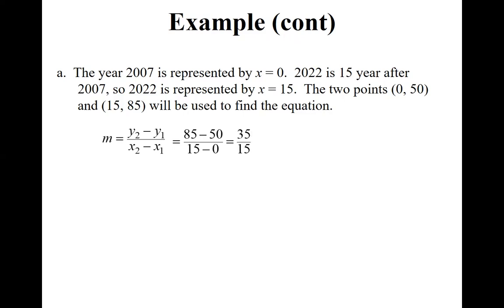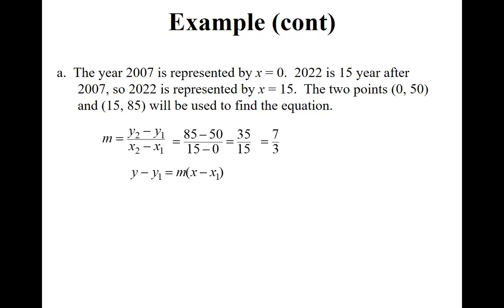We get 35 over 15, which reduces to 7/3 by dividing top and bottom by 5. So m equals 7/3. What's b? Well, b is the y-intercept. That's what happens when x is 0, and we have the point where x is 0: (0, 50). So y equals 7/3 x plus 50 would be the equation in slope-intercept form.